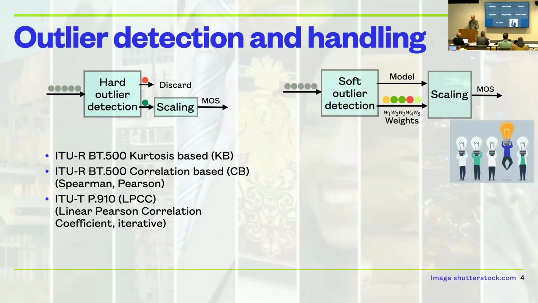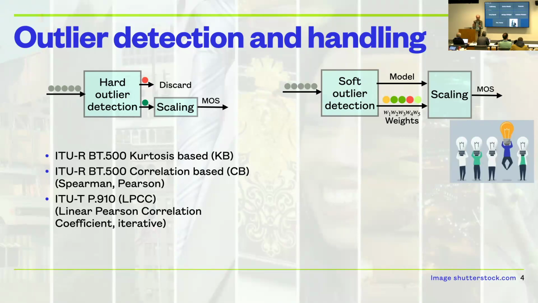Then there's the other type, soft outlier detection, which works slightly differently. For each subject that comes in, there will be a weight associated with the subject, and also a model will be generated that has other parameters like bias, and that together goes into the scaling, and essentially the subjects are weighted by these weights.